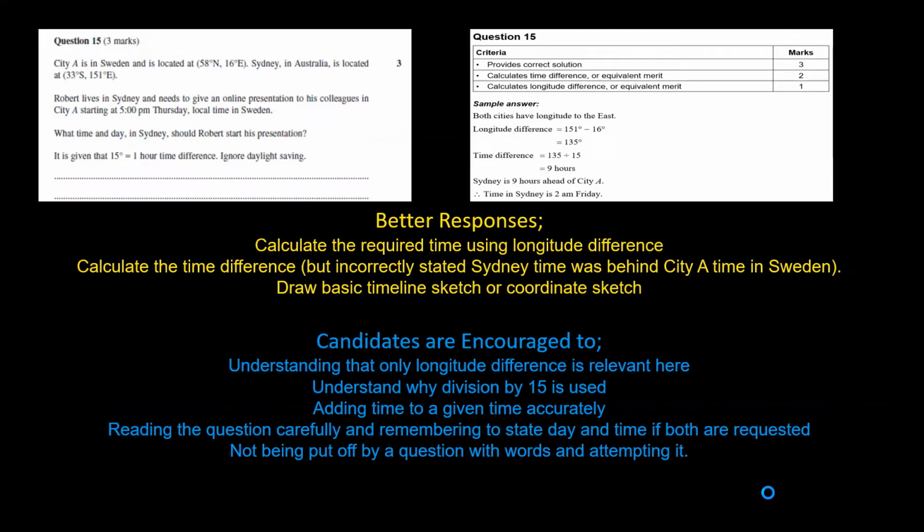So I really want to emphasise with our candidates in the future the timeline, where students can visually see that Australia is ahead of Sweden, to then add the 9 hours to the time difference to get the correct marks.